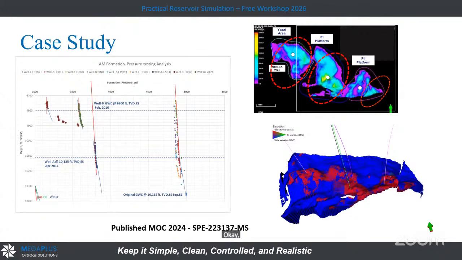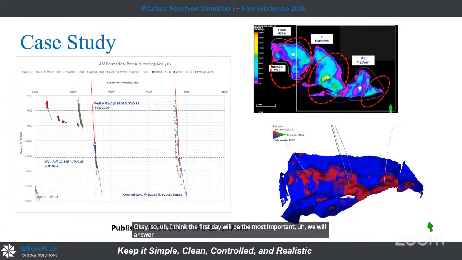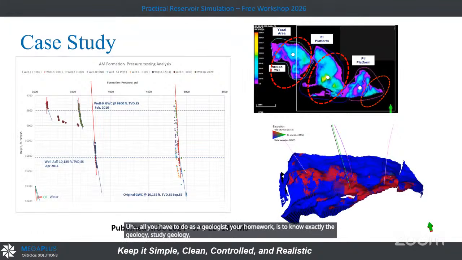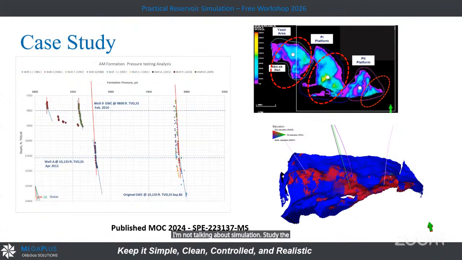Okay, so I think the first day will be the most important. It will answer all your questions. In the first day, you will find the video on the Mega Plus channel. All you have to do as a geologist, your homework, is to know exactly the geology, study geology. I'm not talking about simulation. Study the geology of the field very well, local to your field and regional, so you can have a strong background and a strong concept of your reservoir.